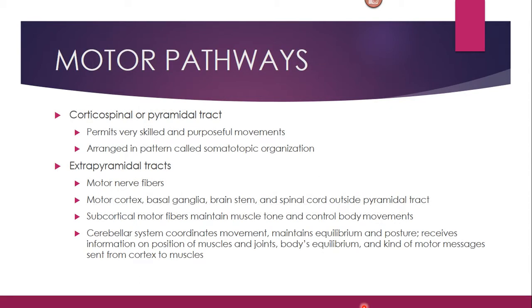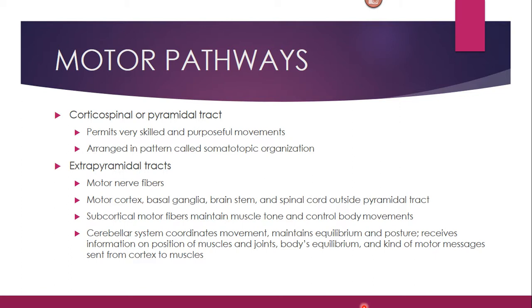So when we talk about motor pathways, we're talking about either the corticospinal or pyramidal tract, which permits very skilled and purposeful movements. And if they're arranged in a pattern, they're called a somatomotor organization.